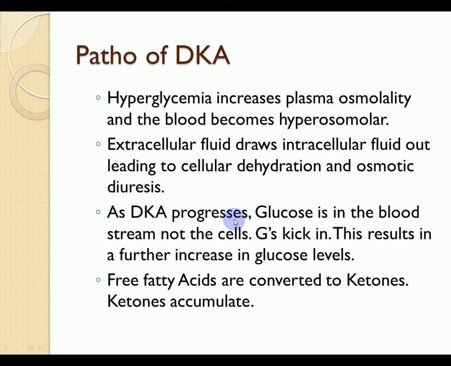As DKA progresses, glucose is in the bloodstream, not in the cells. So our G's that we talked about earlier have to kick in, first your short-term needs, and then your long-term needs. This results in a further increase in glucose levels. Free fatty acids are converted to ketones, and ketones accumulate.